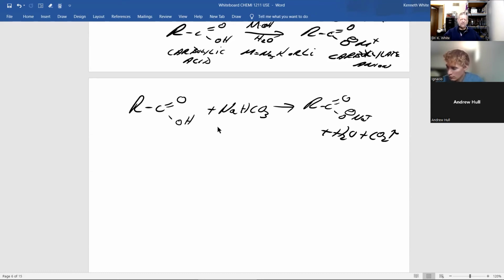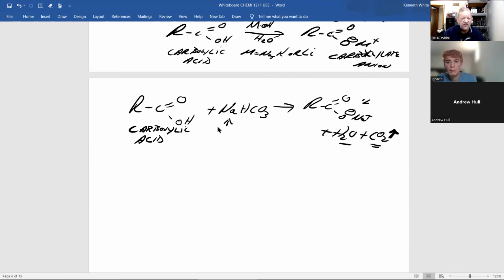Let's look at all the products. If we take a carboxylic acid, I got ahead of myself, and react it with baking powder, sodium bicarbonate, you'll get the carboxylate anion plus water and carbon dioxide. Now this arrow tells you the CO2 is given off as a gas.